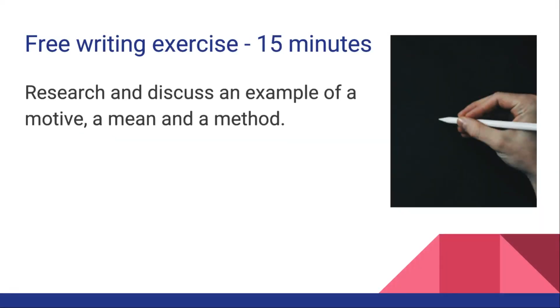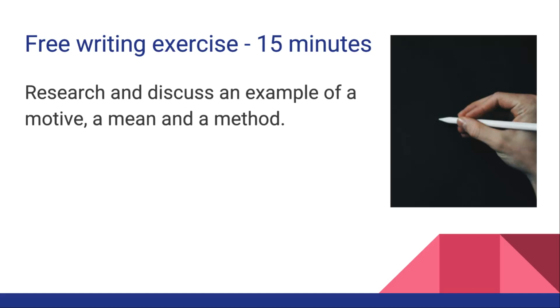Okay, so let's do this quick exercise as we've done yesterday. Quickly do research and discuss an example of a motive, means, and method. As practice, in one sentence, think of why a hacker would do it, what skill the hacker would have, and what his plan would be.